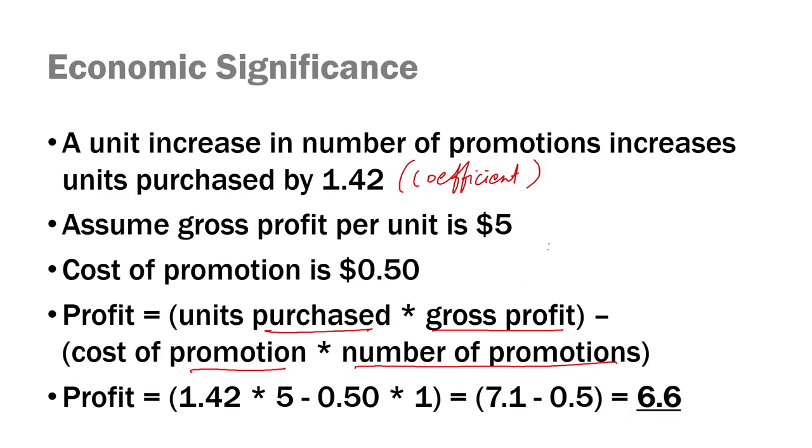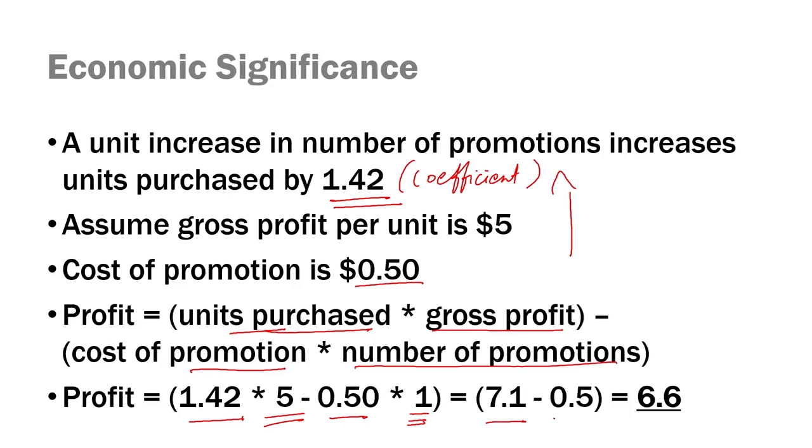With the numbers we have up here, we can say units purchased is 1.42 that you get from here for a single promotion. If you have promotion of 1 unit, the coefficient gives you that value, that is 1.42. That is the predicted sales times gross profit, which is $5, minus cost of promotion, which is 50 cents, times you are doing 1 promotion.